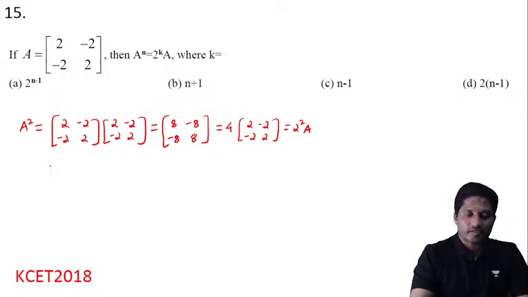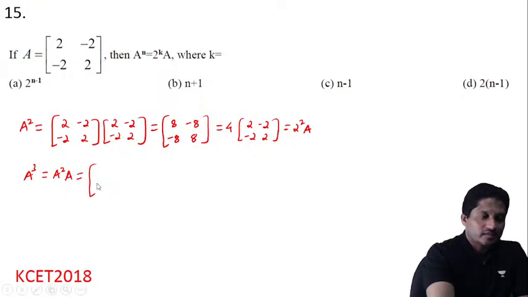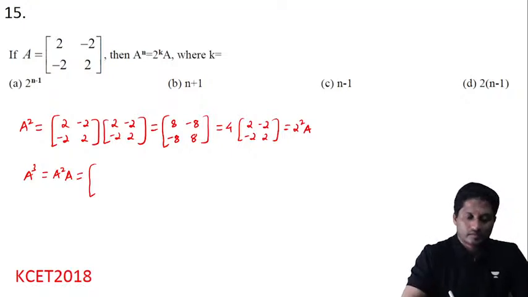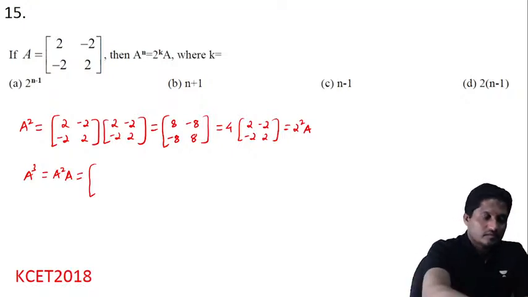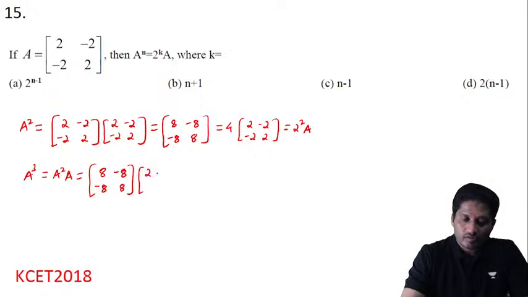Alright, let me find it first, then A cube. A cube is A square into A, right? Is equal to matrix 8 minus 8 minus 8 and plus 8, into this, 2 minus 2 minus 2 and plus 2.